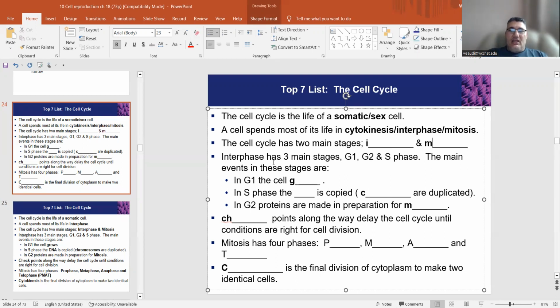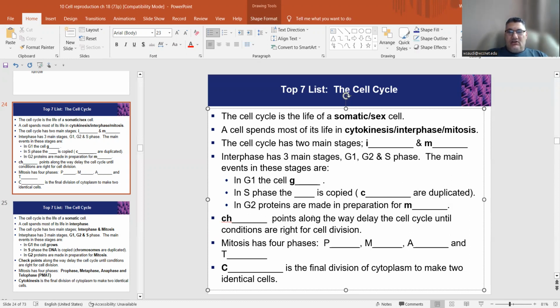Interphase is divided into three: G1, S, G2. G1 is growth number one. S, what here is copied and duplicated? DNA, and chromosomes are duplicated. G2 is preparing for what's going to be next here? Mitosis.